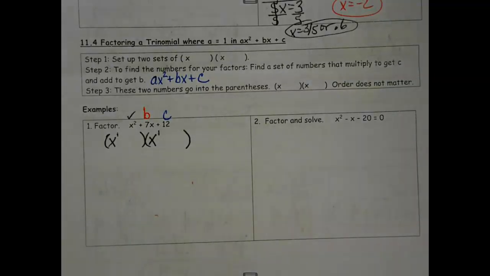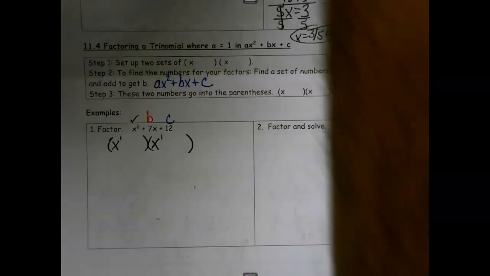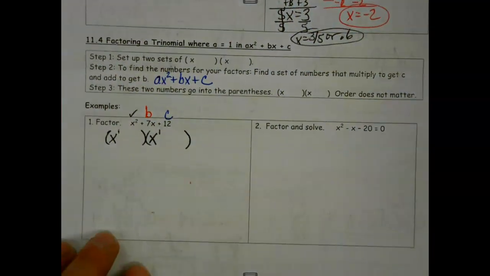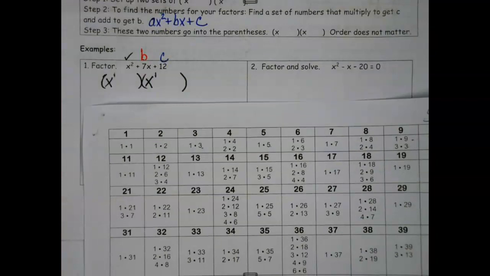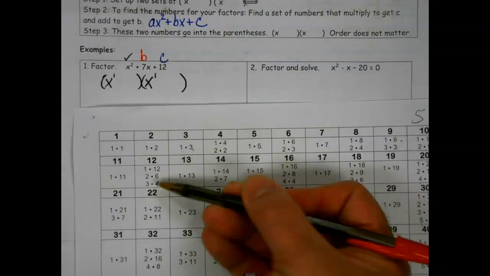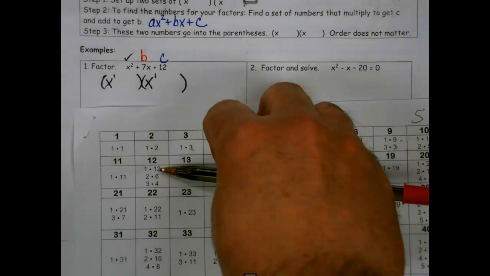Okay? Now, if you think of it right off the bat, awesome. If you don't, we have help. So the chart that we had here before that we were using can come in handy on this too. Because now I can look at these and say, okay, here's all my possible combinations that multiply to 12, and I just have to go through and go, that doesn't add up to 7.